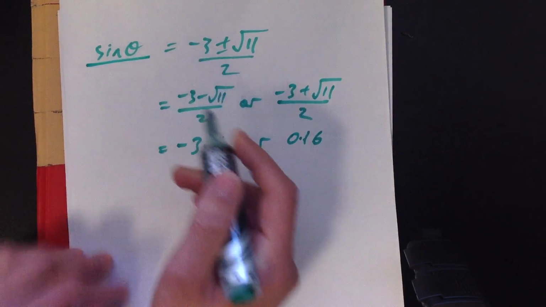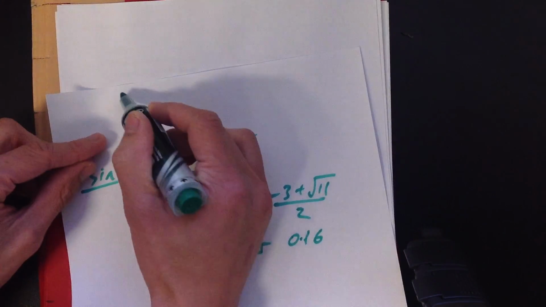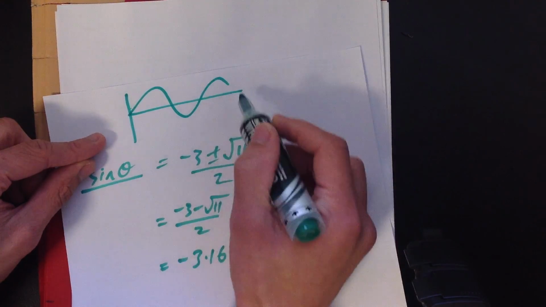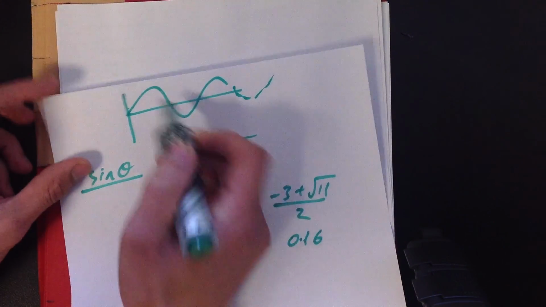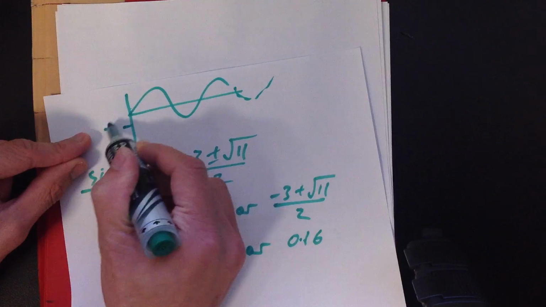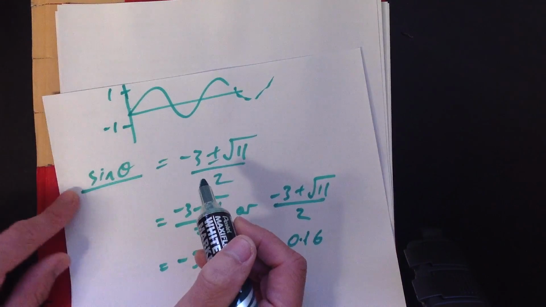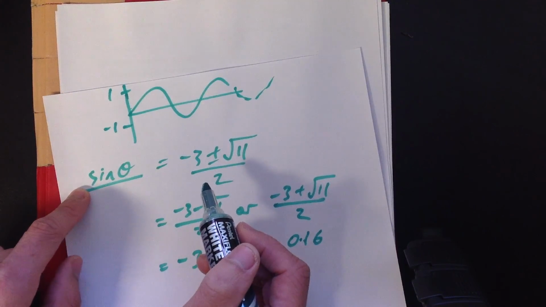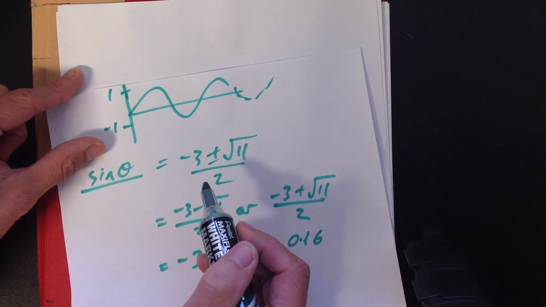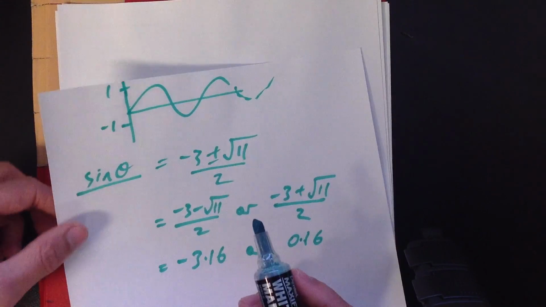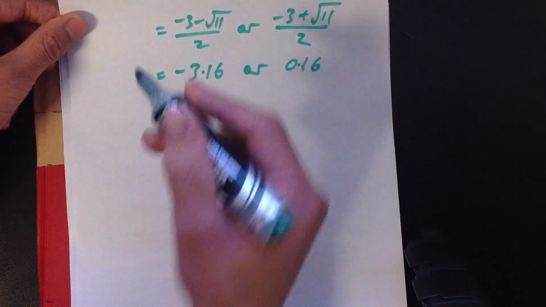Sine theta, right? What does it look like? Well, just as a graph, it looks like this. And it goes on forever. And the range of sine is from -1 to 1, right? Sine can never go outside that unless you change the coefficient out the front to make its amplitude greater. So sine theta is always between -1 and 1.